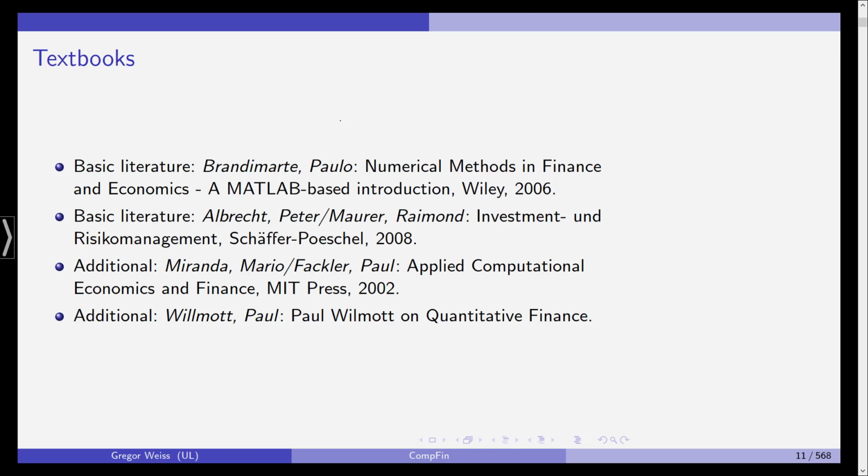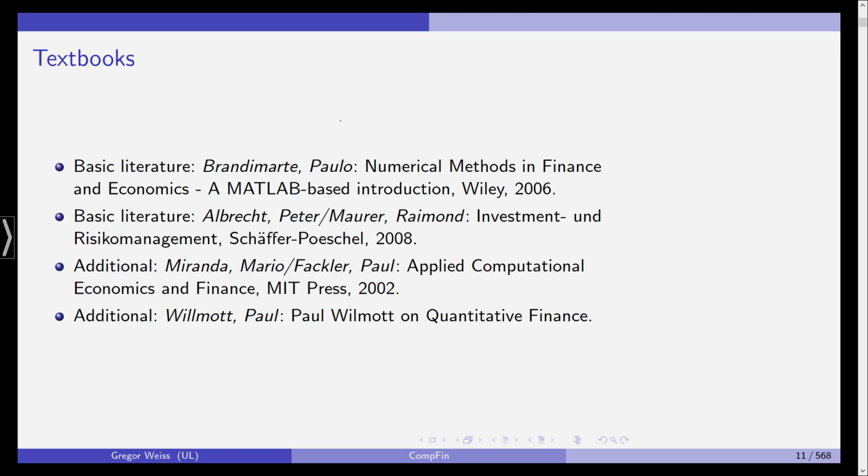However, if you want to read a little more, most of the lecture is based on two books: Brandimarte and Albrecht Maurer, Numerical Methods in Finance and Economics, and Investment und Risikomanagement. This one is in German. The first one is quite expensive, I think about 120, 150 euros. We might have one copy in the library, but you don't need to buy this. Maybe you can find some extracts on the internet.